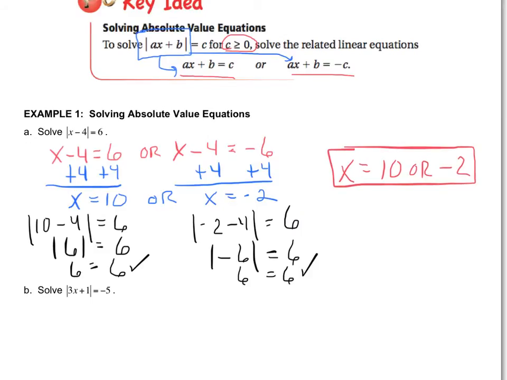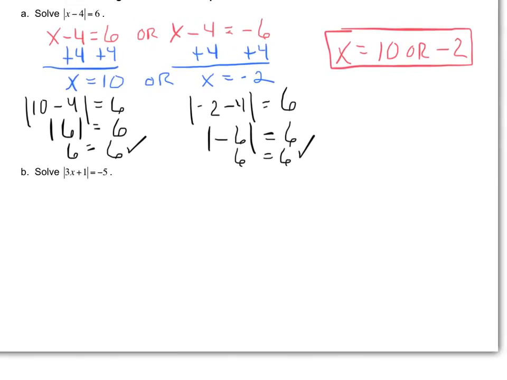Okay, moving on to the next example. We have a little more complicated expression within the absolute value signs, but it's the same thing. The very first thing I want to look at is there's a problem on the right-hand side. We just said from our big idea at the top that my absolute value, when it is by itself, cannot equal a number c that is less than 0.